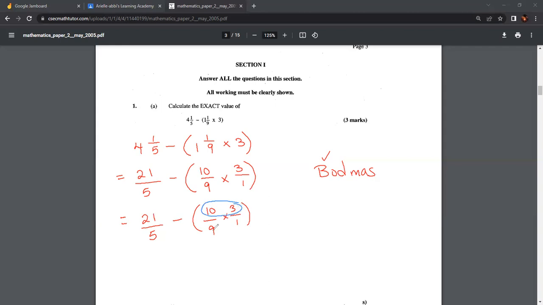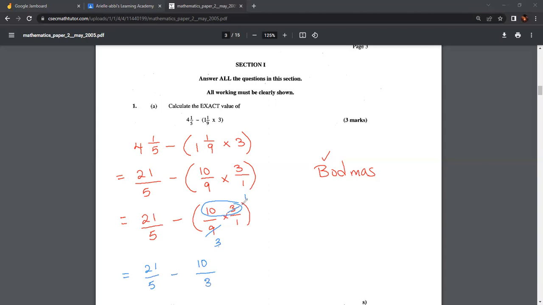So like 3 and 9, they are both in the 3 times table. So I can use 3 to break down these two numbers. So 3 could go into 3 once, 3 could go into 9 3 times. Now there's nothing more I could break down, so I simply multiply numerator by numerator, 10 times 1 is 10, and denominator by denominator, 3 times 1 is 3.